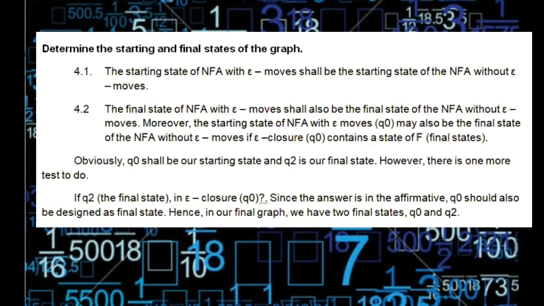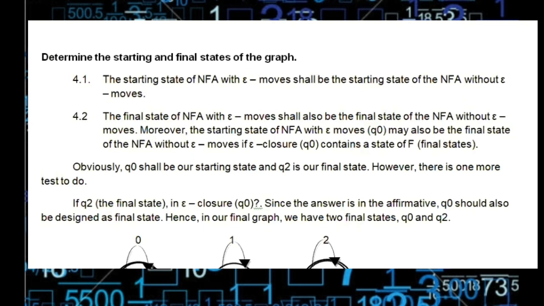Let's start with starting state. Mathematically, your starting state in your NFA with E-moves is also your starting state in your NFA without E-moves. Then, yun namang sa final state, kung ano yung final state na ginamit mo sa NFA with E-moves, siya rin yung gagamitin mong final state sa NFA without E-moves. Pero meron ka pang i-consider sa final state.